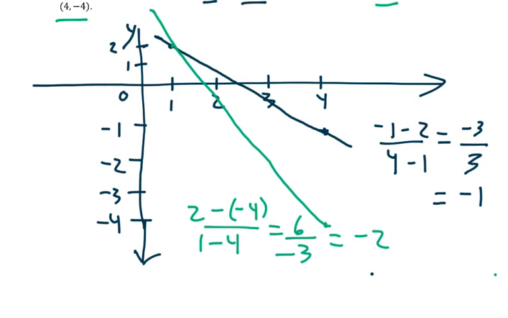And as your x increases towards the right, you can see the lines are actually falling. They're falling like this. Not only that, this green line, the slope is more negative, and it's more vertical.